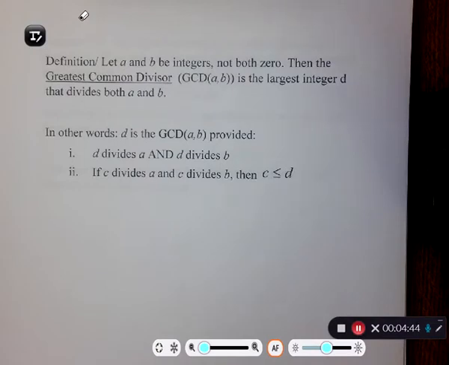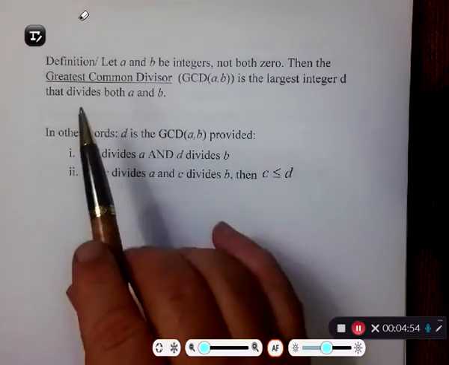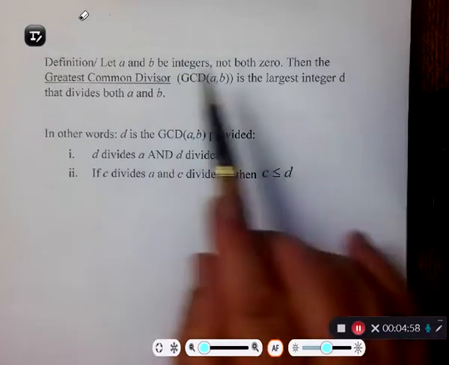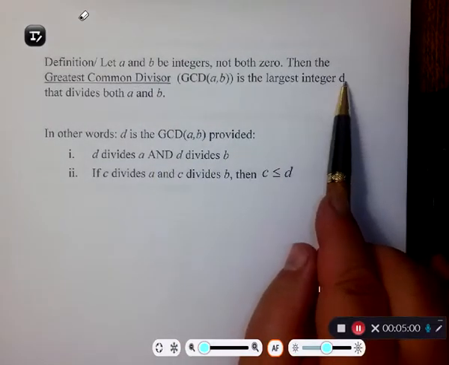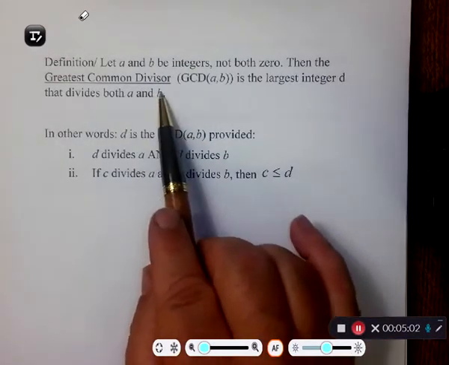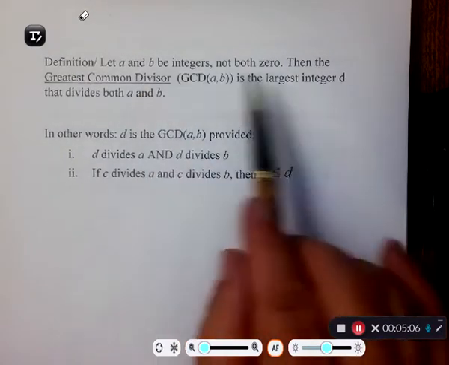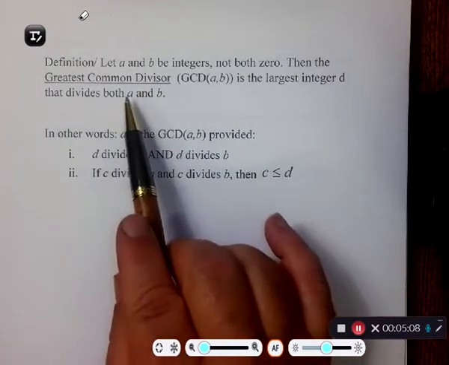Then the greatest common divisor, GCD of A and B, is the largest integer D that divides both A and B. A lot of people mess this up, but the greatest common divisor is the biggest small number that divides into both of these. Because if you're going to be a divisor, you're going to be smaller than A and B. But it's the biggest small number that divides both A and B.